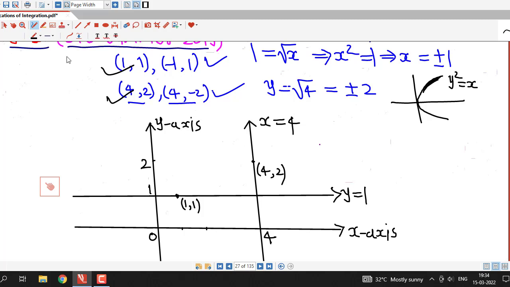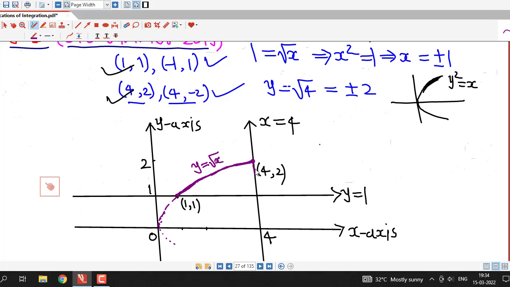So we will consider this part of the parabola between the points (1, 1) and (4, 2). It will extend in this way and pass through the origin, but for our region we will require only this part of the parabola, which passes through (4, 2) and (1, 1).